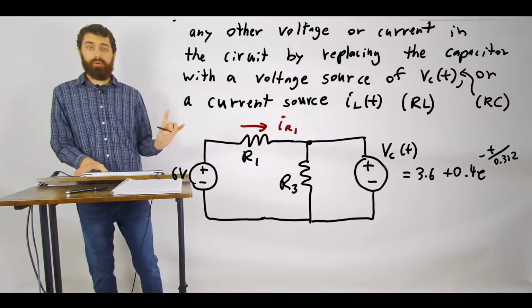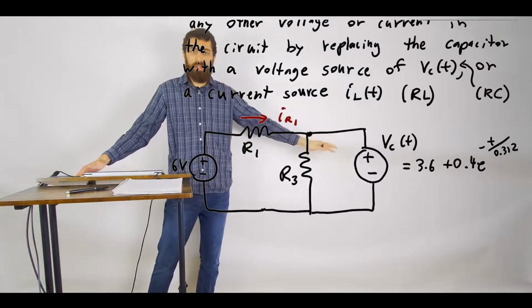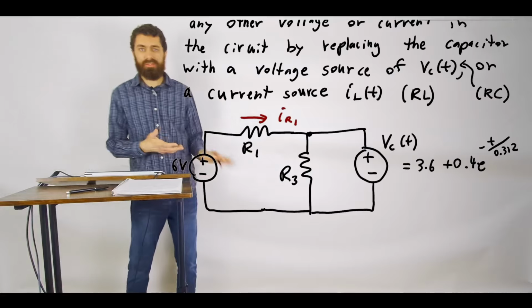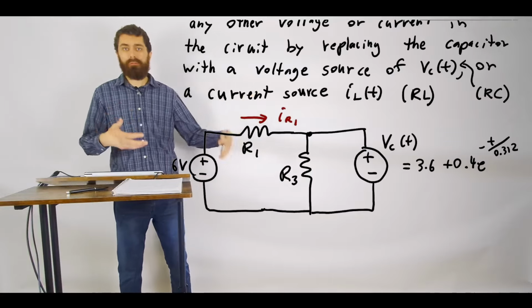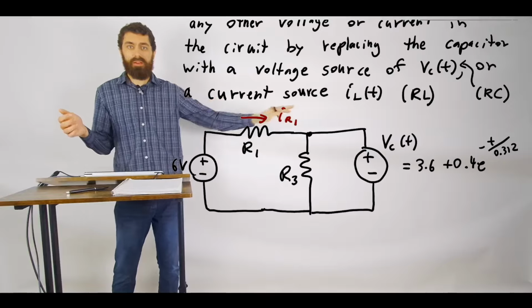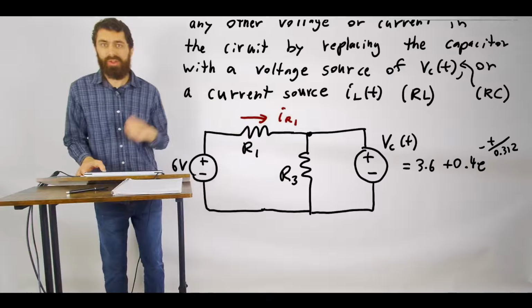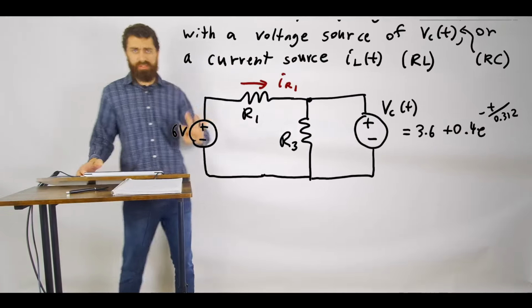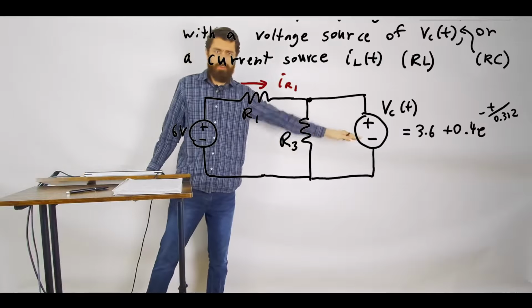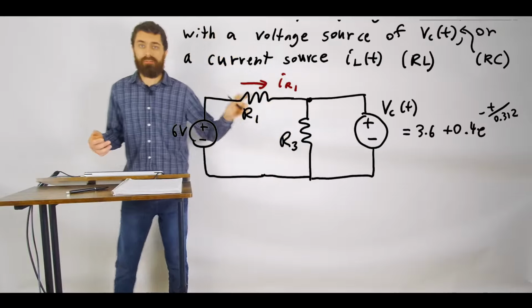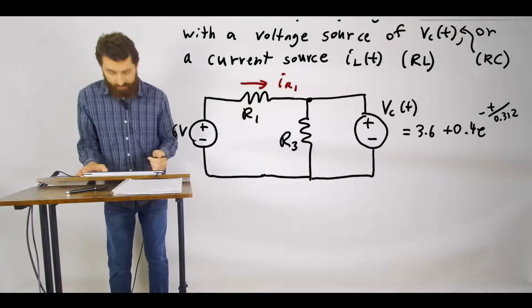Now that we've plugged this in as a voltage source, we can just use ordinary circuit analysis techniques to find whatever voltage or current we want in the circuit. In this case, we want to find IR1. Because we know this voltage and this voltage, it should be easy to do a KVL loop and figure out what that current is.